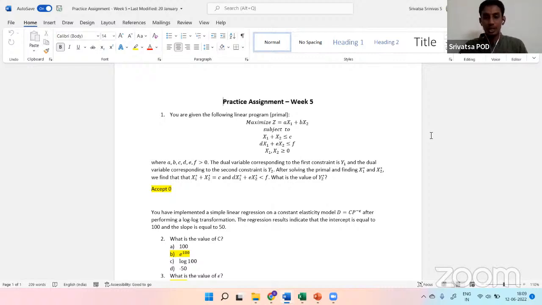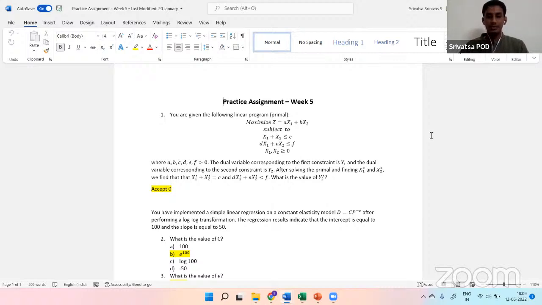So this dual variable signifies the value or the shadow price of this resource. Now you have solved the primal and found x1 star and x2 star, which are the solution. You find that the first constraint is satisfied as an equality and the second constraint is satisfied as a less than or equal to type.